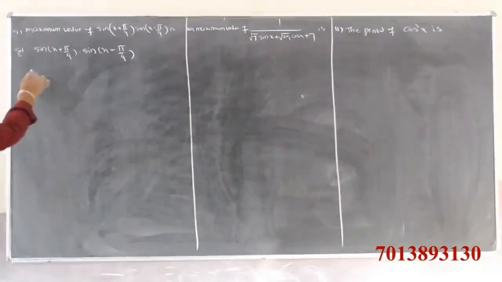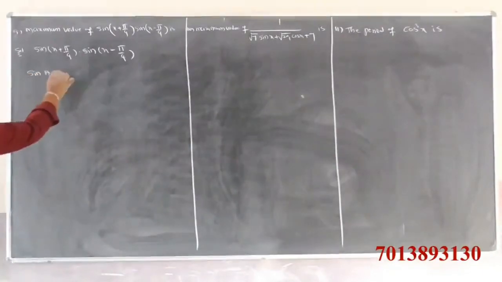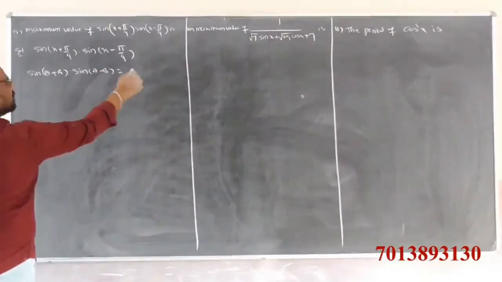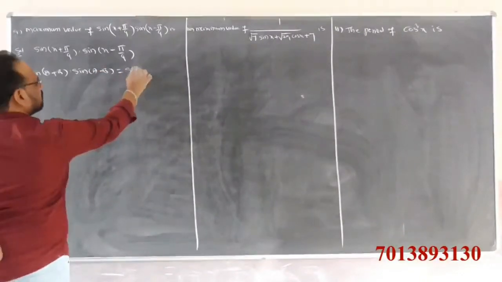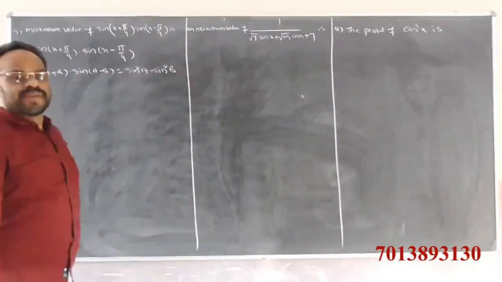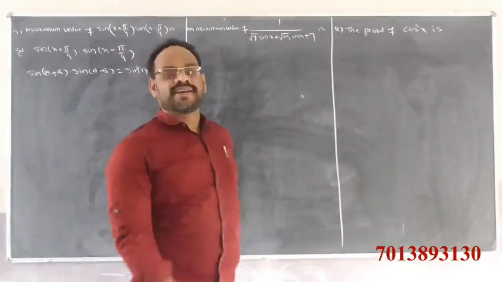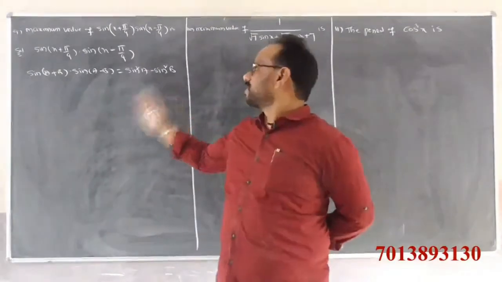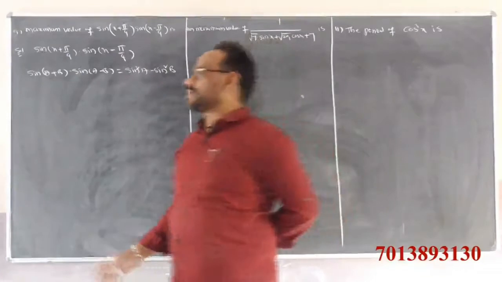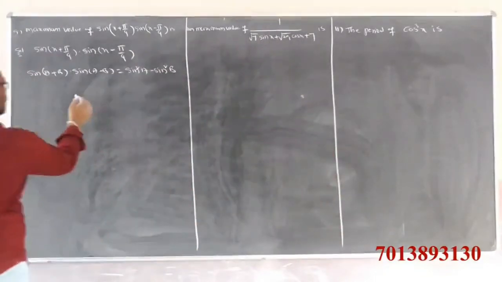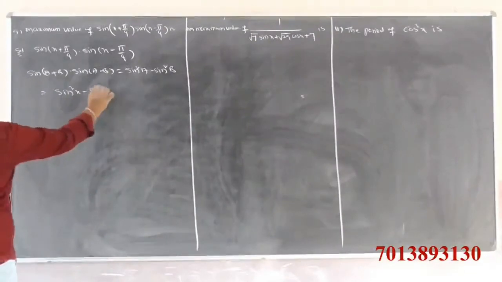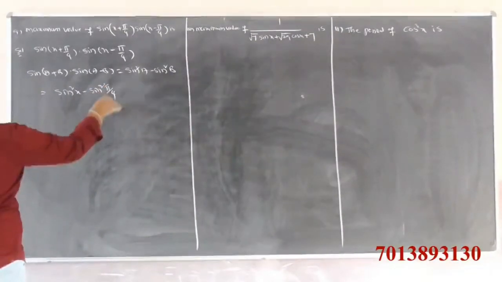Sin of a plus b into sin of a minus b is equal to sin square a minus sin square b. So here a value is x and b value is pi by 4. Substituting, we get sin square x minus sin square pi by 4.